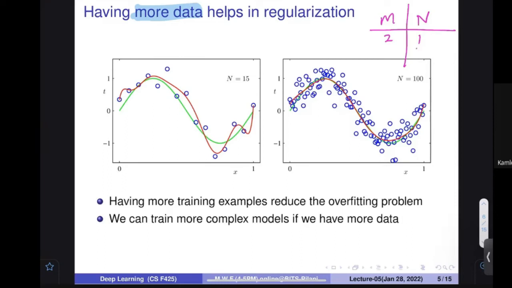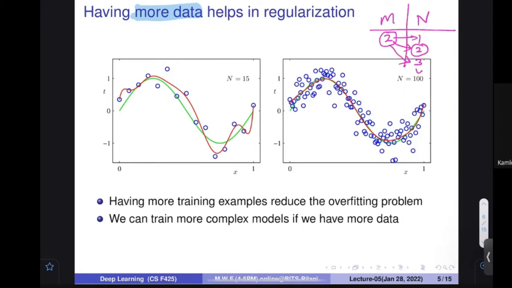If n is equal to 2, then my model is more powerful. M is equal to 2, it can learn two things, and I am giving you only one example. If two examples are given, then my model can fully learn and my error could be 0. If I give 3 examples, then my model cannot learn.